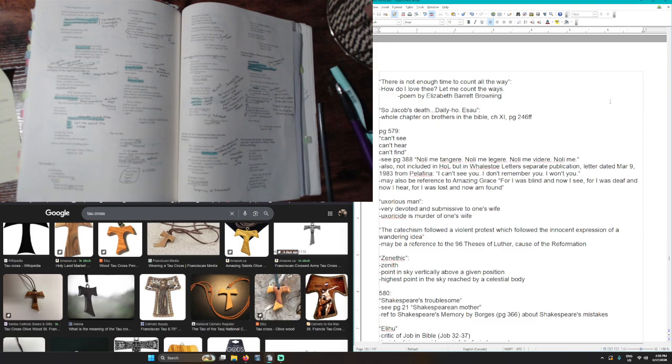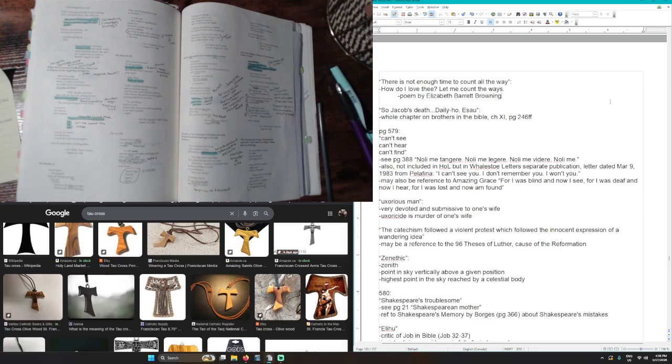We have this phrase here: "There's not time enough to count all the way," which reminded me of the poem "How Do I Love Thee, Let Me Count the Ways" by Elizabeth Barrett Browning. Just thought maybe that could be it. Then we have a reference, so Jacob's death, Dali Ho Esau, which could be a reference to that whole chapter on brothers, chapter 11.